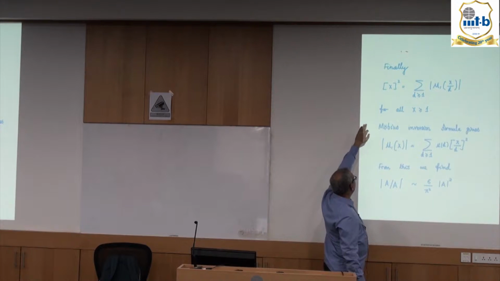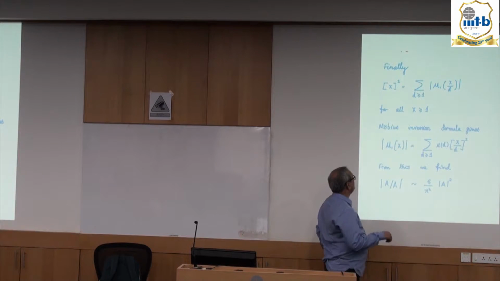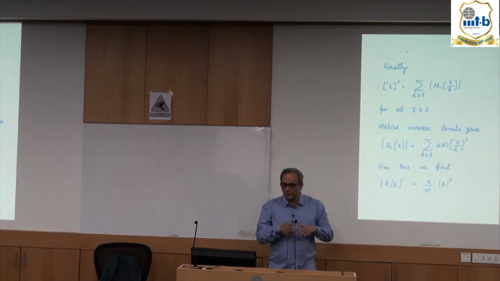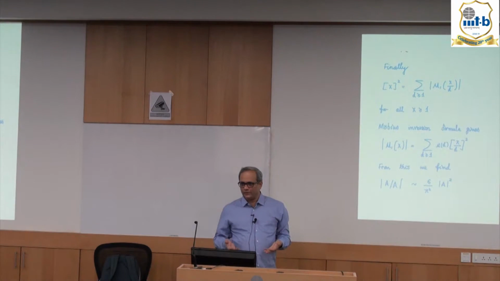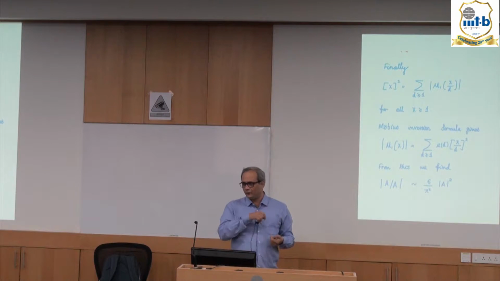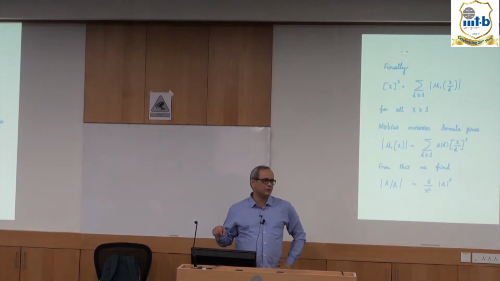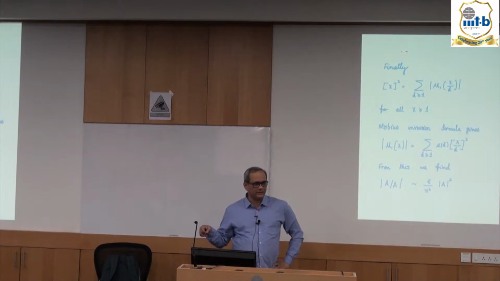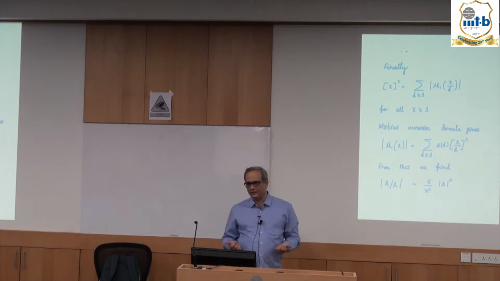Now, when you have a function of real numbers, let's say f of x is given by the sum over d greater than or equal to 1 of g of x by d. Okay, when you have two functions related by such a relation, there is what is called the Mobius inversion formula, which tells you that you can invert this relation. If for every x, f of x is equal to the sum over d greater than or equal to 1 of g of x by d, then f and g form a Mobius pair, and you can write one in terms of the other.